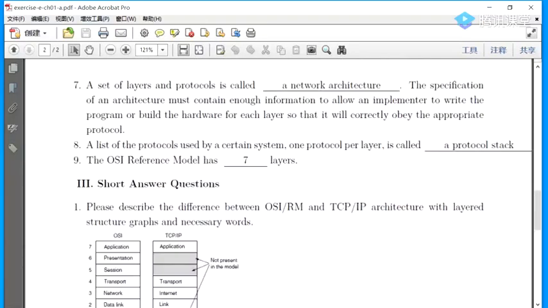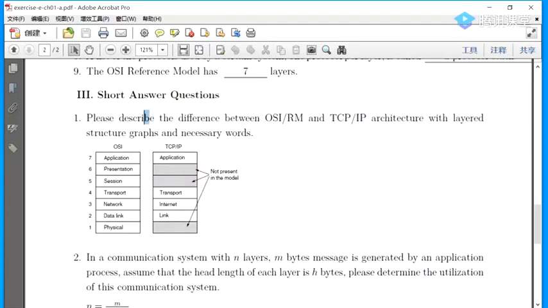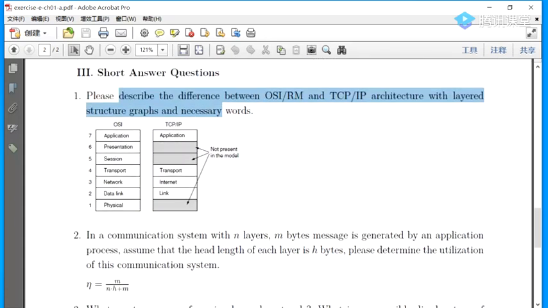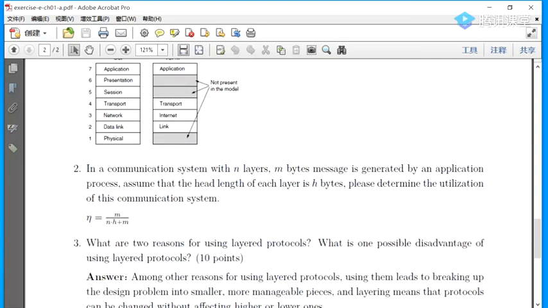Okay. The difference between the OSI reference model and the TCP/IP reference model. The utilization of the communication system is denoted by eta. Eta is equal to m divided by (n times h plus m).